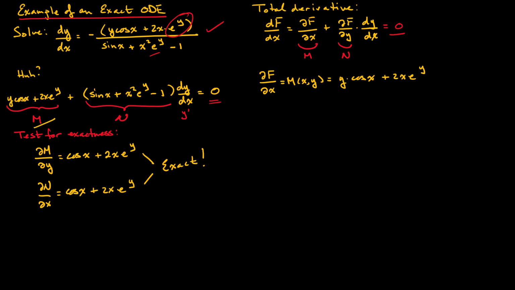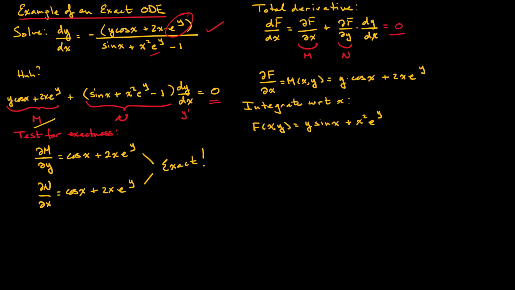So we're going to take a stab at it and see if we can come up with an intermediate form for our solution f. So we're going to integrate with respect to x. So if we do this, we find that f of x, y is equal to y sine of x plus x squared e to the power of y.